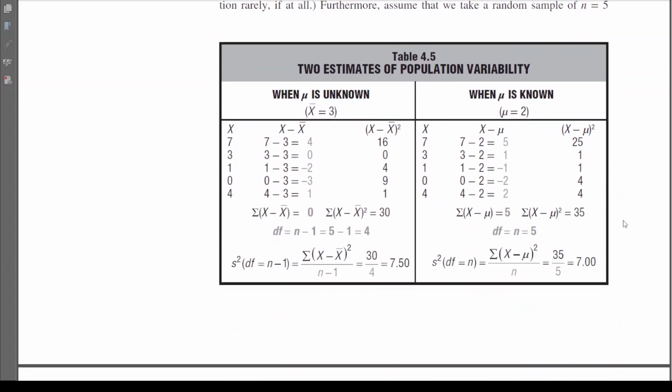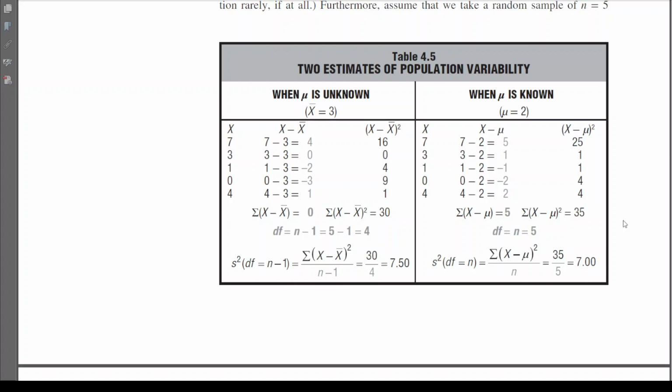Now consider the unlikely scenario that we know what the population mean is. In that case, it is some other value than the sample mean, as it will always be. In our case, the sample mean was 3, and let's say the population mean is 2.